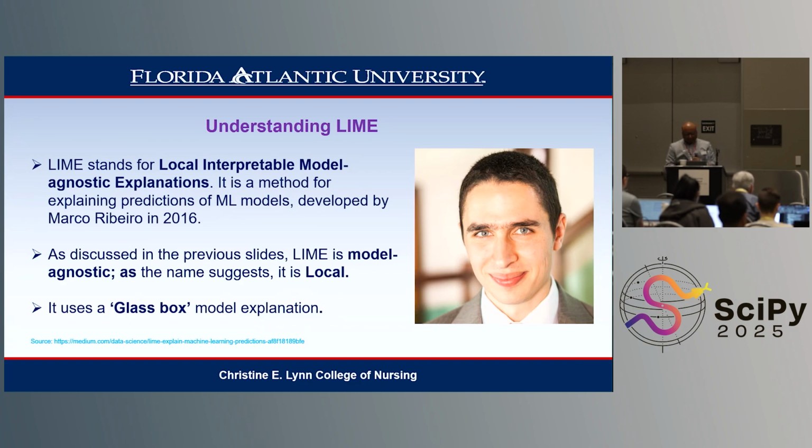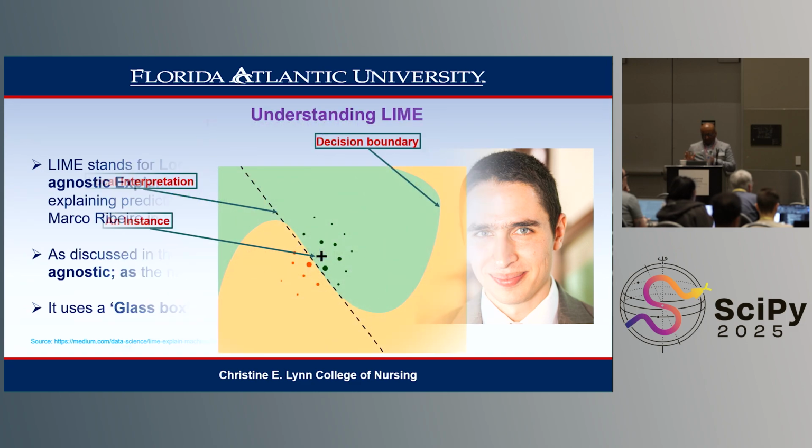So next is LIME. LIME stands for local interpretable model-agnostic explanations. It is local, not global, and model agnostic, meaning it doesn't depend on the model. I can show you that people use LIME for the global, but when we run it again, some features change.